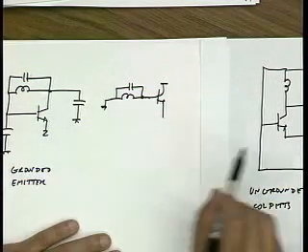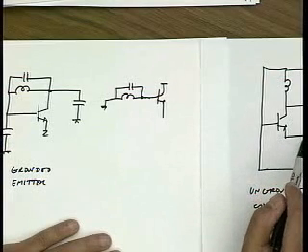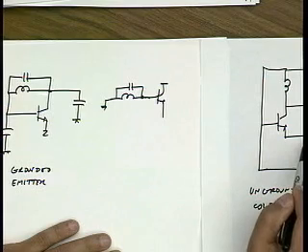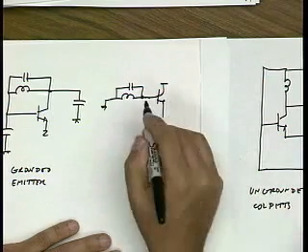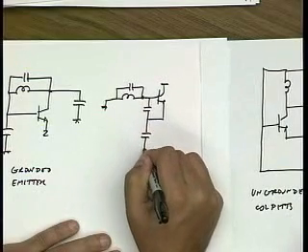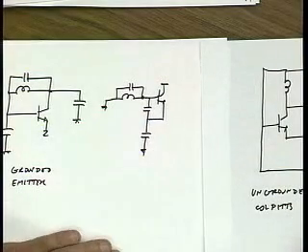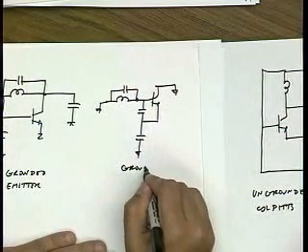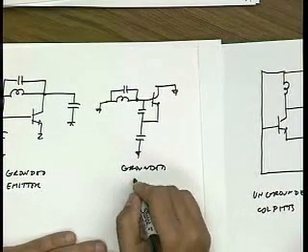And then on the emitter side, I have basically a capacitor from emitter to ground and a capacitor from emitter to base. So this is the capacitor from emitter to base. This is the capacitor from emitter to ground. So this is a grounded collector.